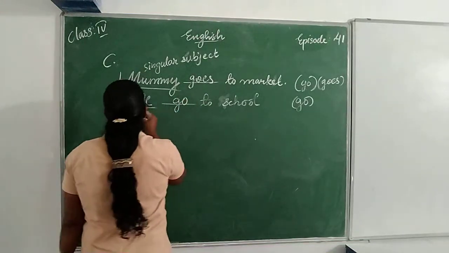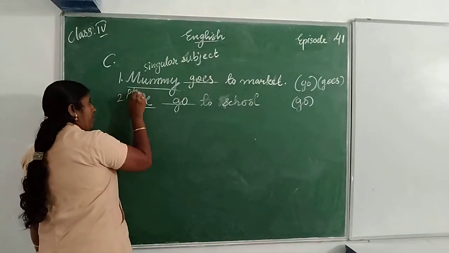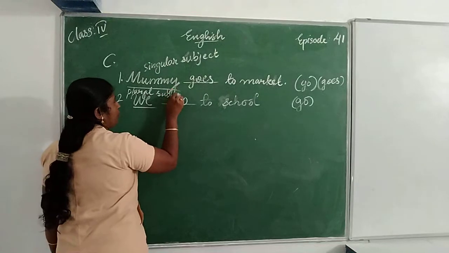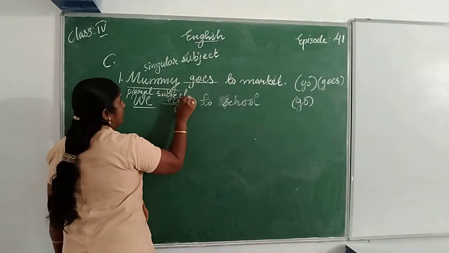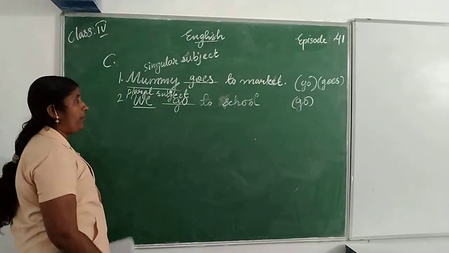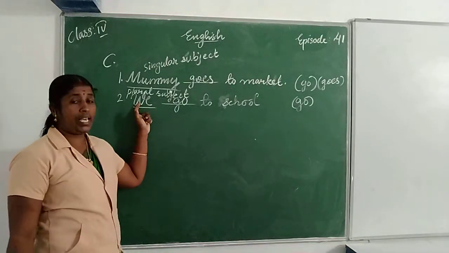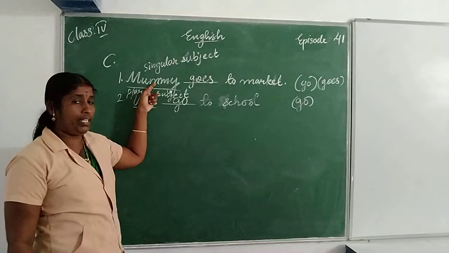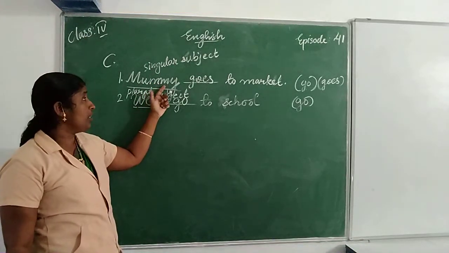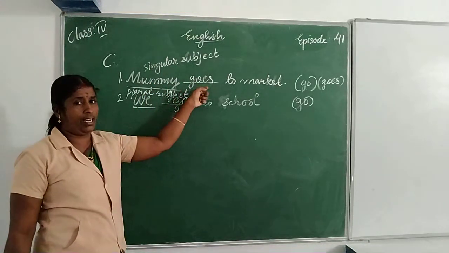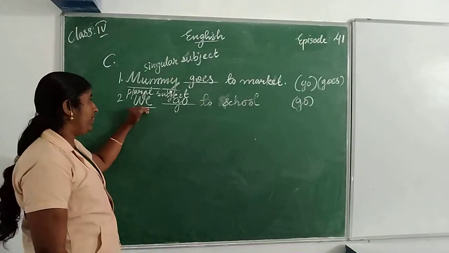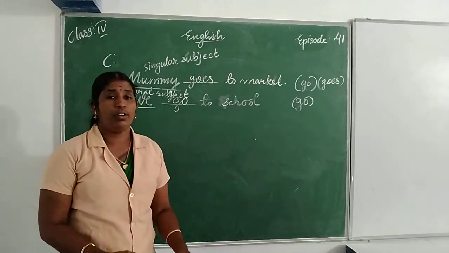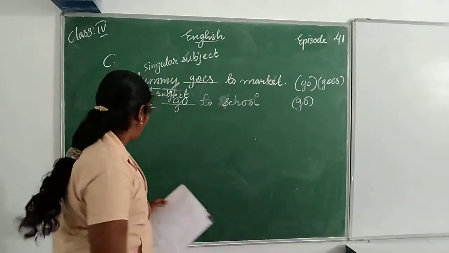We is a plural subject, so we use the verb go. Mummy is a singular subject, so we use goes here. When we use the plural form of the verb go, it is go.